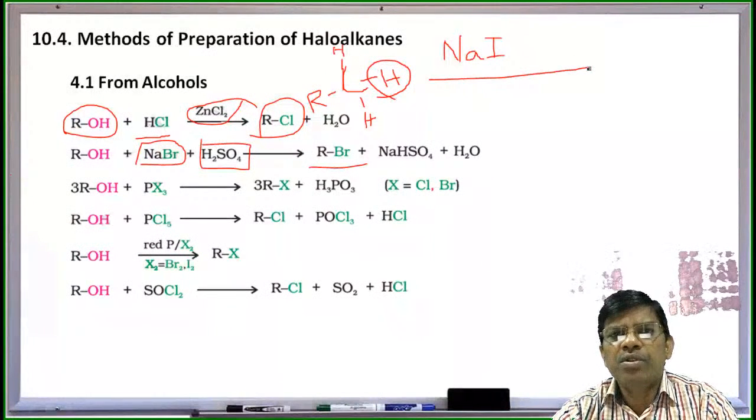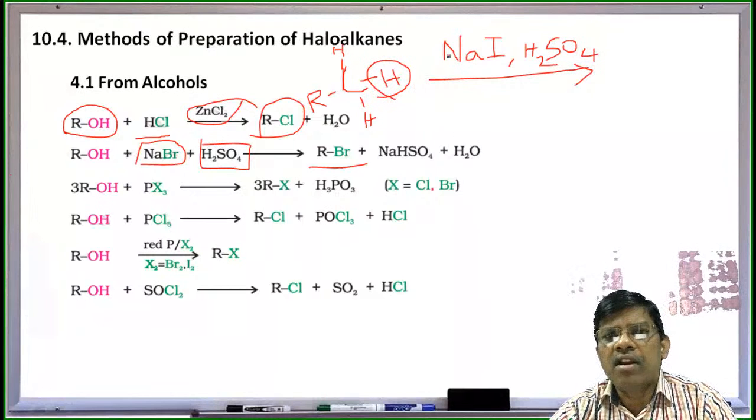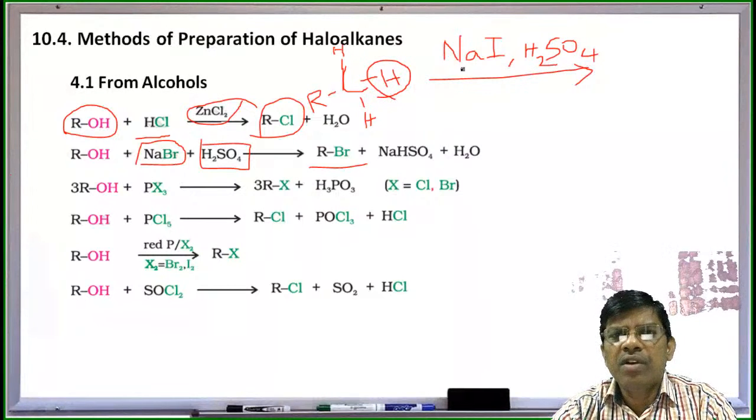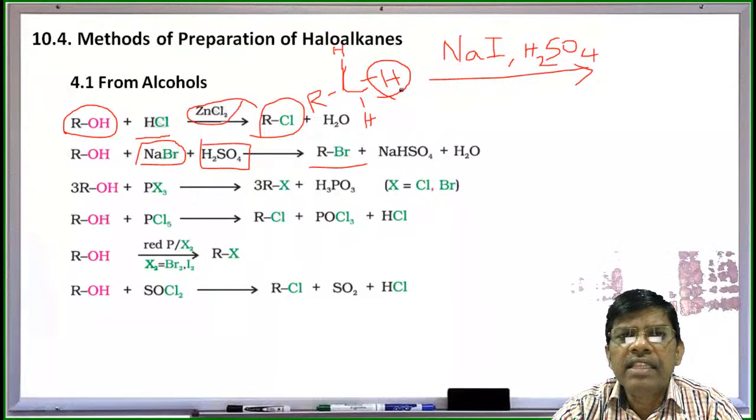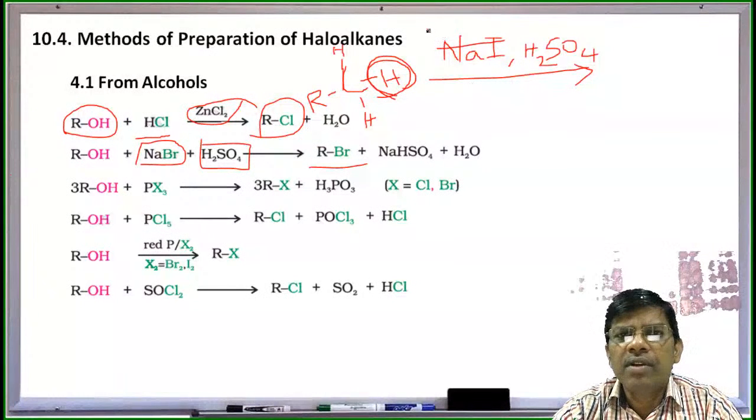But when I use sodium iodide in the presence of sulfuric acid, what is going to happen? This H2SO4 gives H plus ions and forms a salt with sodium, right? So the H plus ions are going to replace with this hydrogen.